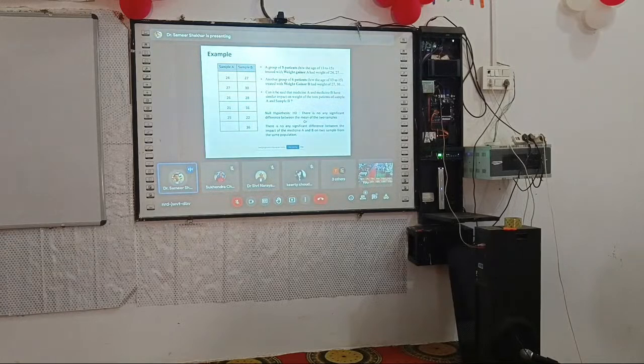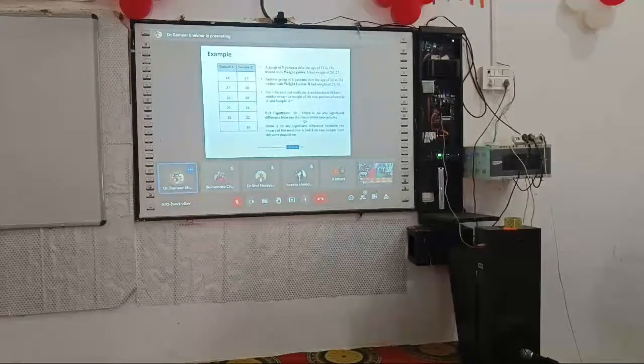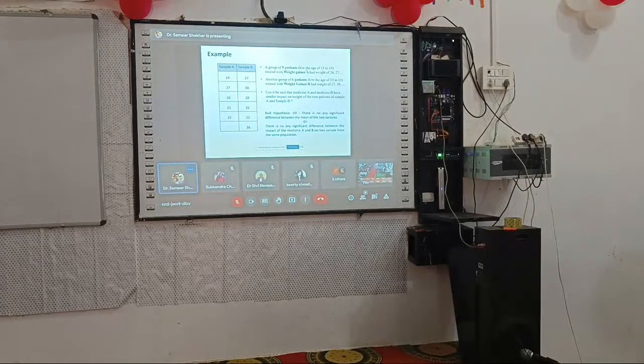In this example, it says that a group of 5 patients, 5 people, 5 children between the age of 30 to 50, were treated with weight gainer. They were given weight gainer A, okay? Had weight of this, and then the other sample, as usual, is the group we made with weight gainer B here, and the sample sizes differ.